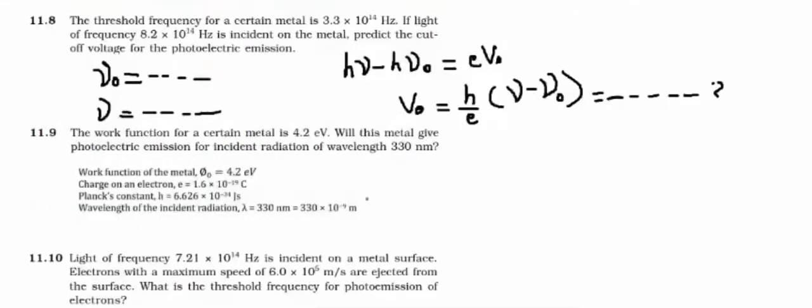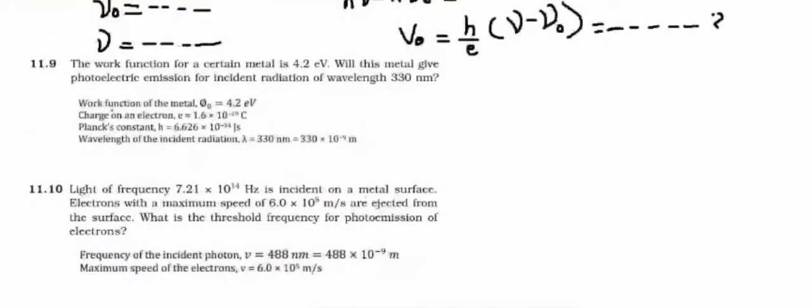Then question 9. The work function for a certain metal is 4.2 electron volts. Will this metal give photoelectric emission for incident radiation of 330 nanometer? So here you can follow two methods.